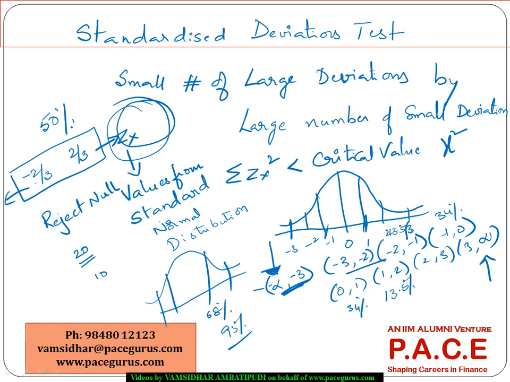Generally, in case of outliers, as a quick check, we can also look at any individual standard deviation: if any single zx is less than minus 2 or greater than plus 2, right?